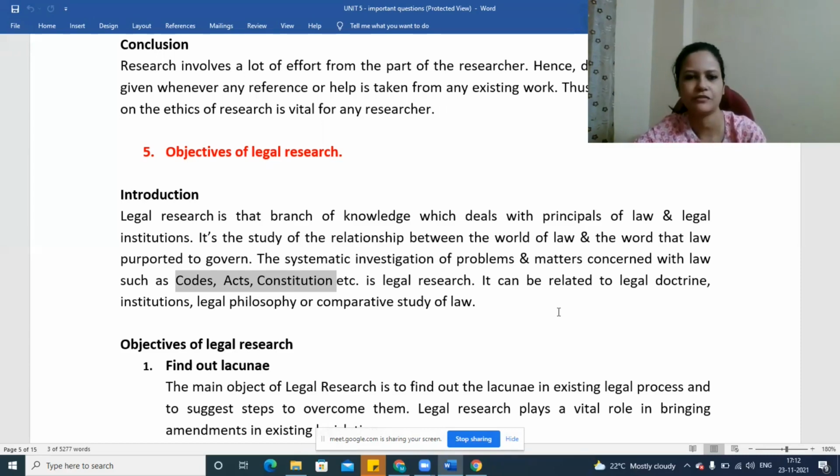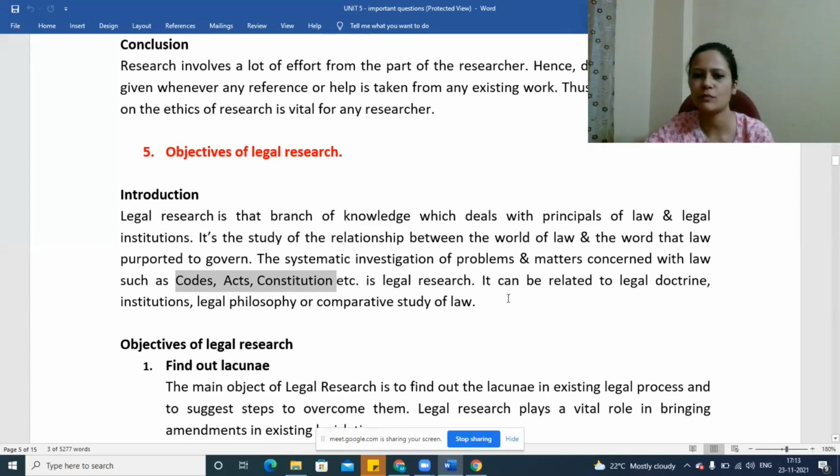After that, we have different legislations, acts, statutes. These procedural laws are usually named as codes, like the Code of Civil Procedure, Code of Criminal Procedure, because it is a collection of all the rules and regulations that will be followed in a civil process or in a criminal proceeding. So it is named as code.